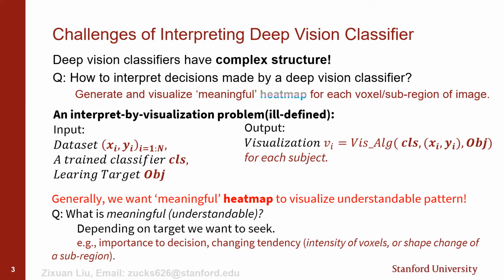In general, what is meaningful depends on the target we want to seek. For example, someone might say it's meaningful to show the importance of each voxel or subregion to the decision. Some might say it's meaningful to show properties that we are interested in, like the changing tendency of voxel intensity or shape patterns of certain regions.